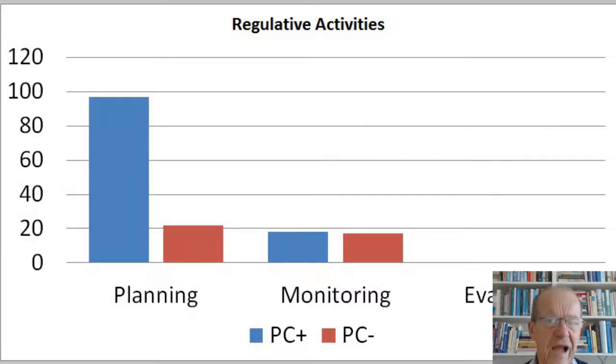So planning actually benefited from providing such a planning tool. Monitoring, the notepad, and evaluation, the lab reports, were not influenced by the availability of a tool to help you accomplish that particular part of your self-regulation activities.